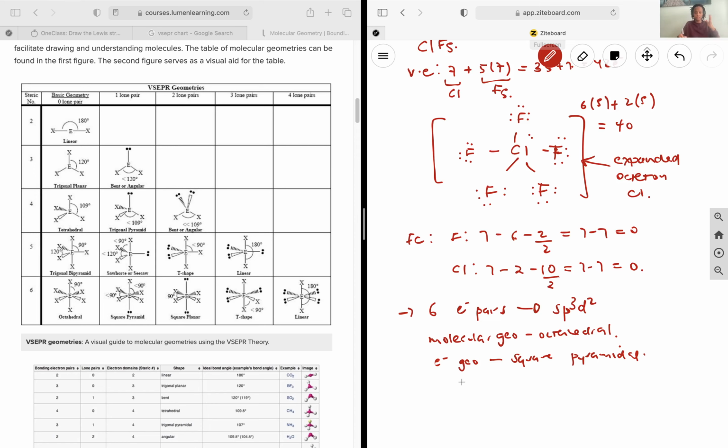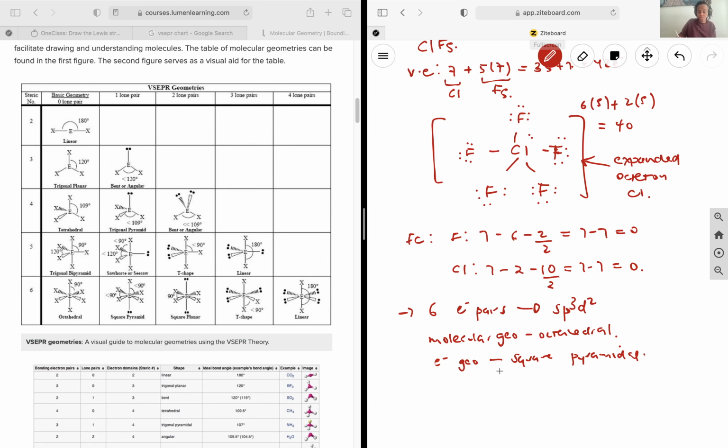And so you can think of molecular geometry as you're ignoring the fact of whether it's a bonding pair or a lone pair. And so generally the shape would look like an octahedral shape, but then because you have one lone pair, if you're only looking at the bonding pairs, that would look like a square pyramid with the 2 electrons on the bottom, as you can see here.